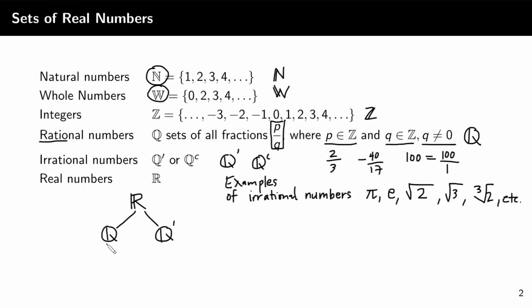So nasa loob ng rational numbers natin yung mga integers. Nasa loob ng integers yung whole numbers. And then nasa loob ng whole numbers yung natural numbers. Maybe let me redraw this diagram.